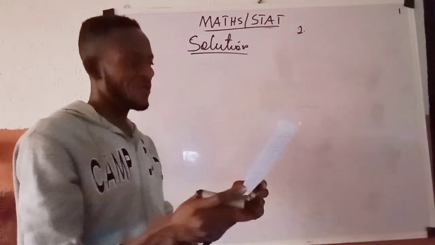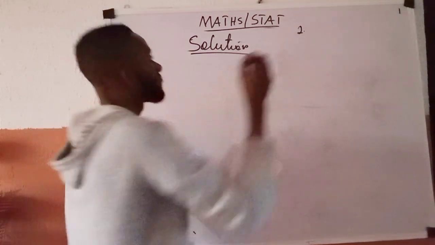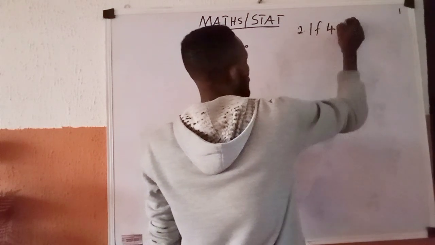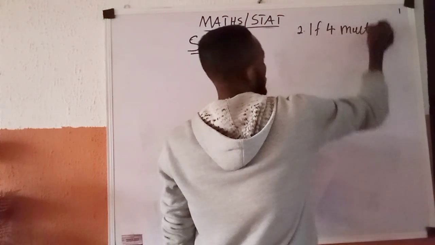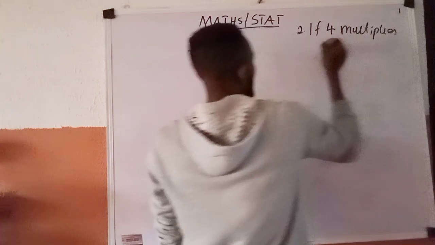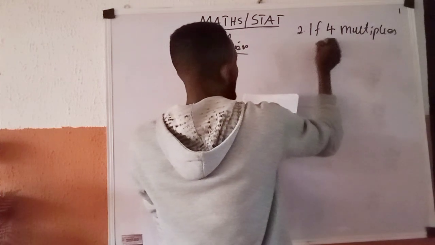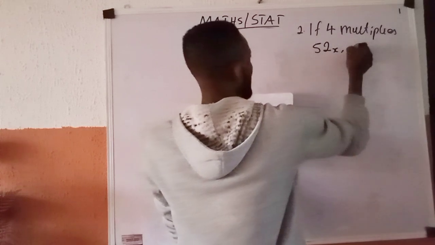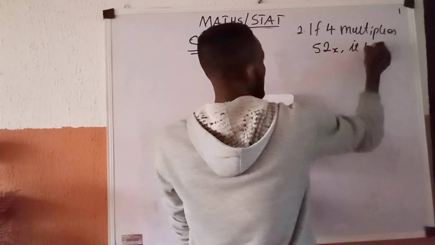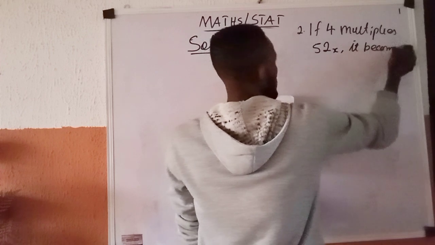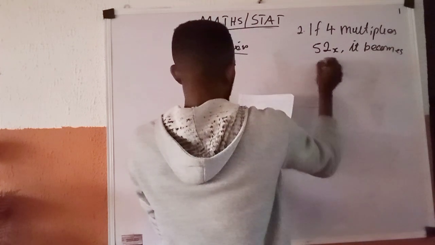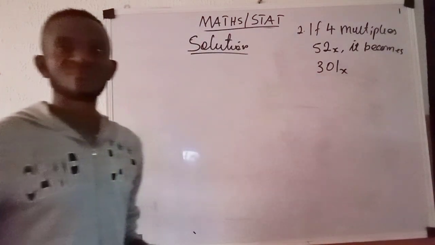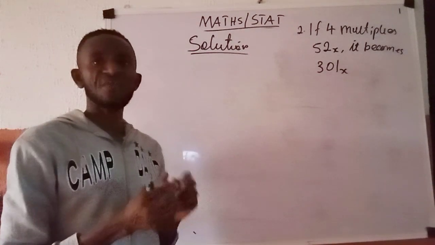if 4 multiplies 5 to base X, it becomes 301 base X. That's the information they are giving us.